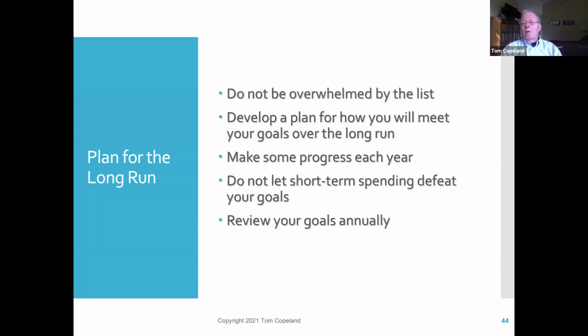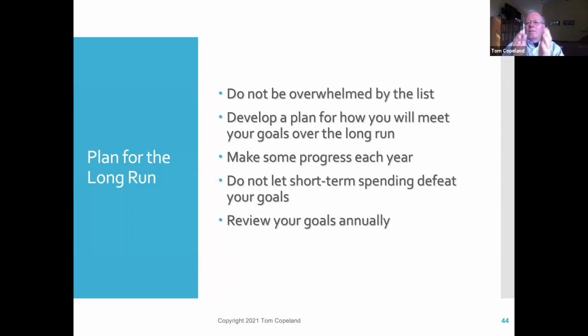Don't be overwhelmed by all the financial goals that you might need. Don't be overwhelmed by the fact that you might not have saved any money, or you're in bad shape now. You try to do a little bit better each year. You make some progress each year.